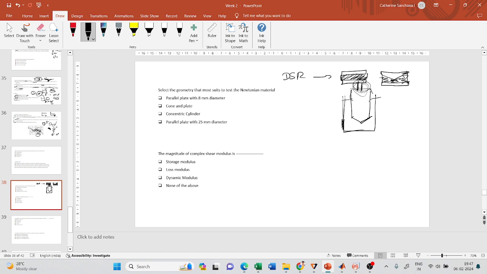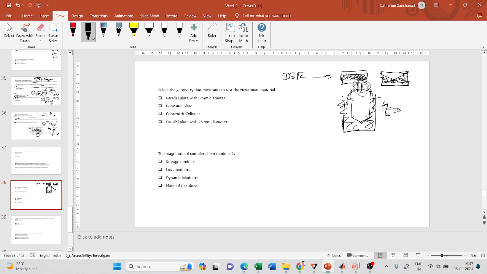In some cases it can be the other way around also, but in a dynamic rheometer we apply rotation to the bob and the cup remains stationary, and based on how the fluid around the bob gets displaced, the viscosity can be measured.